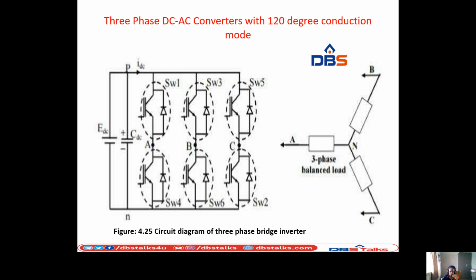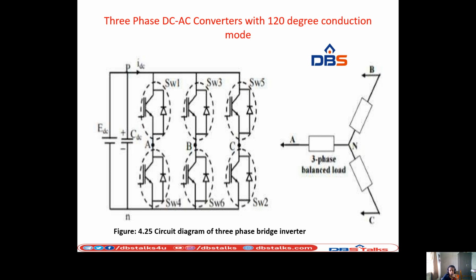Here SW1, SW3, SW5 are the top group and SW2, SW4, SW6 are the bottom group. Okay, here the capacitor CDC will be connected across the source.